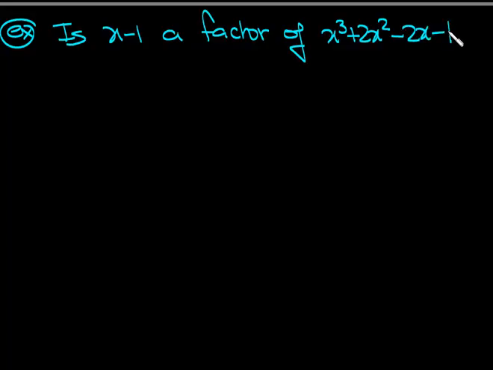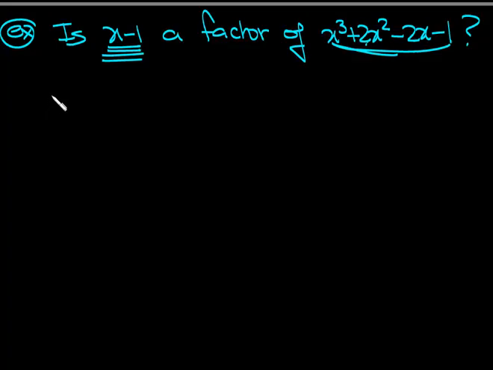Well, there are two ways you can answer this question. One is you can actually factor this, and if one of the factors happens to be x minus 1, then you're done. Or you could try to take this polynomial and divide by this polynomial. And if the remainder happens to be 0, then you know it's a factor.